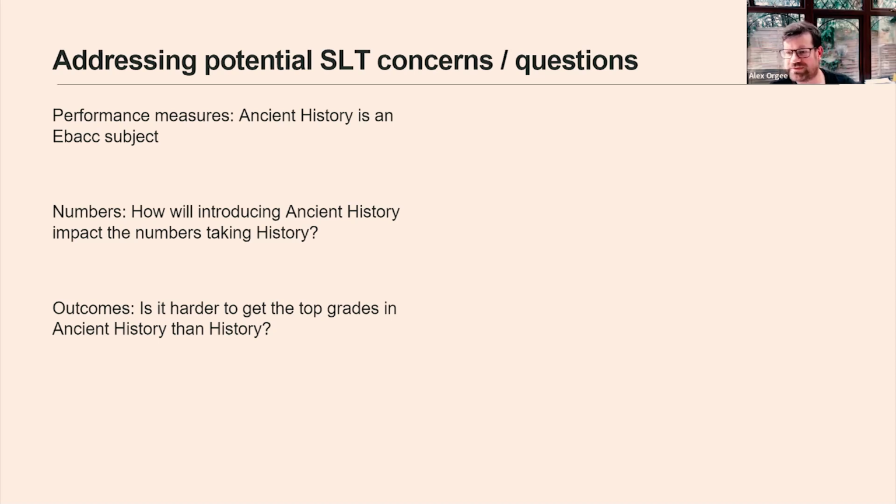So essentially what I've done is look at the ancient history prediction matrices and the history matrix and put the ancient history data through the history matrix. And what it shows is that if ancient history and history had the same cohort profile, the predicted grade distribution would suggest that the same percentage of students would gain a grade 7 and above in both history and ancient history, and slightly more would be getting a grade 4 and above in ancient history.